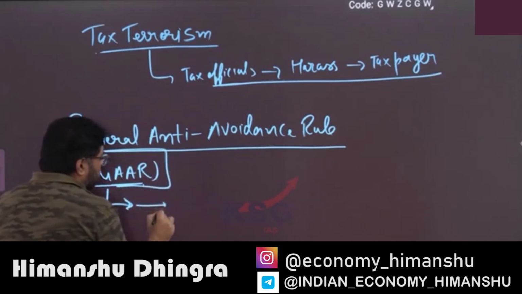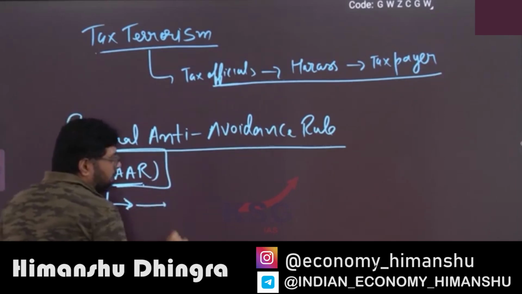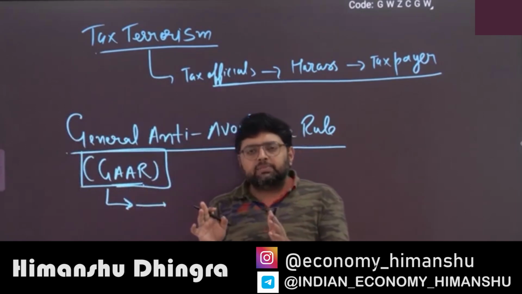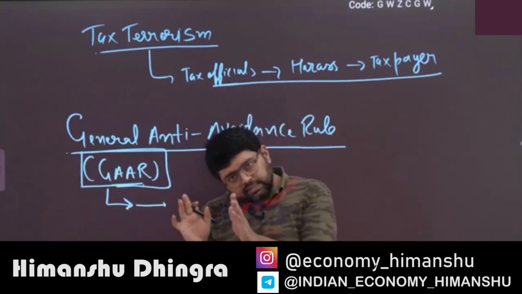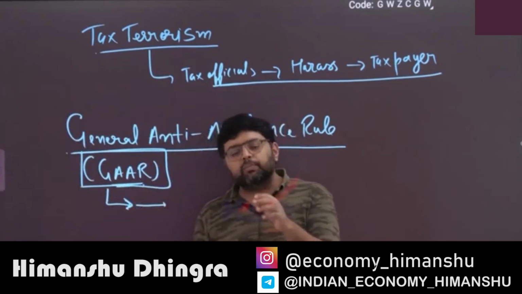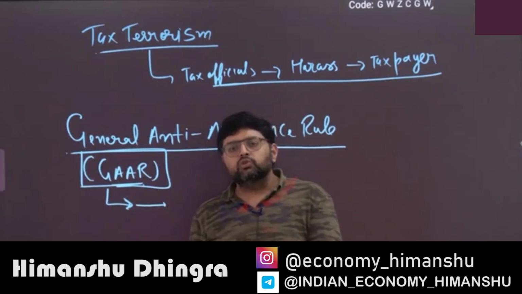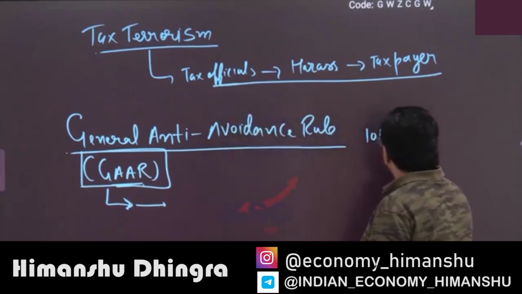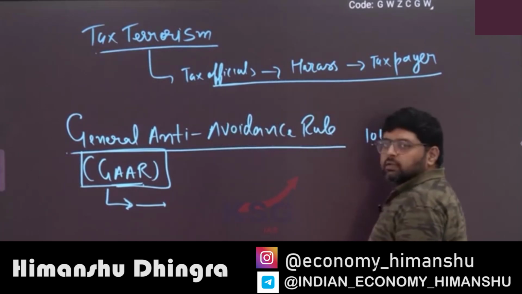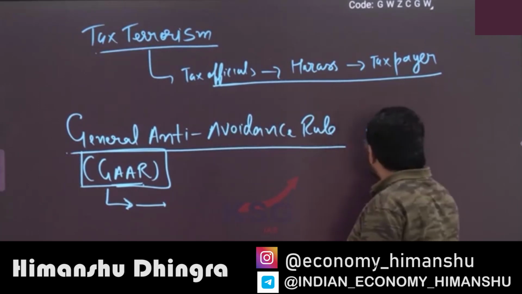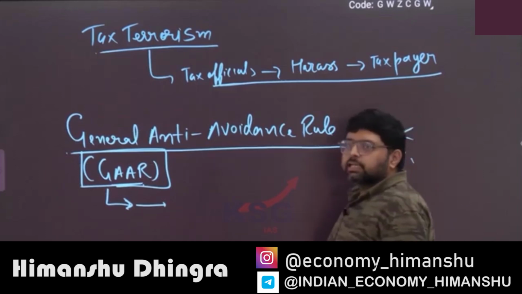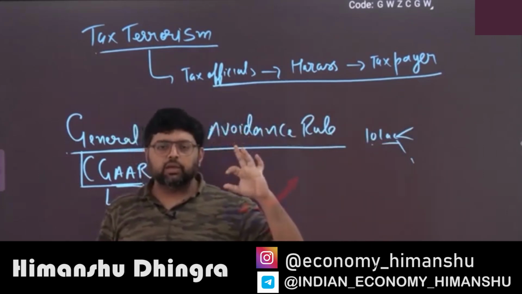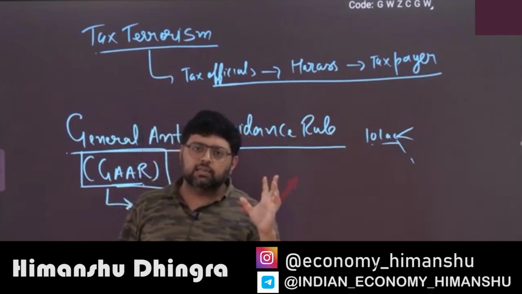In GAR, we have talked about tax planning. Tax planning has been given so that people can save tax in a legal manner. But some people used to save tax aggressively. Say they are earning 10 lakh, they invest all their money in such tax planning schemes, and then they say they have to pay zero tax, or very little tax.